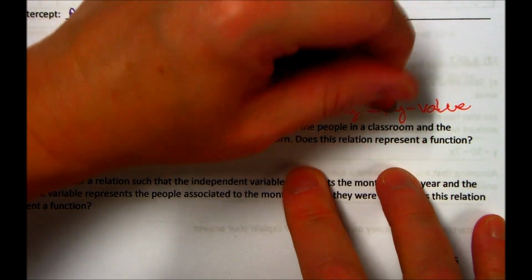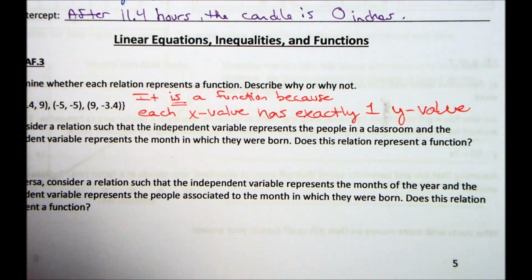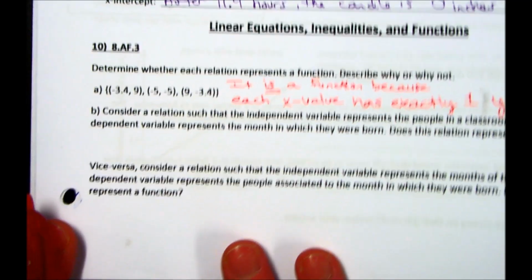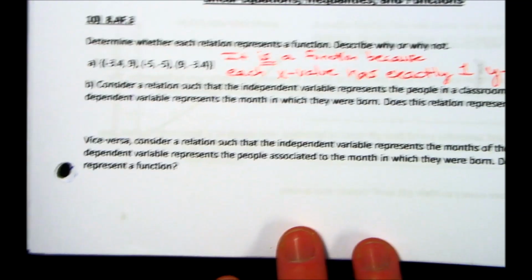I guess I don't need a comma there, but so it is a function because each x value has exactly one y value. Good.